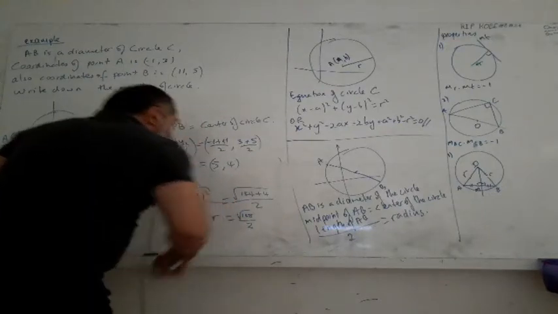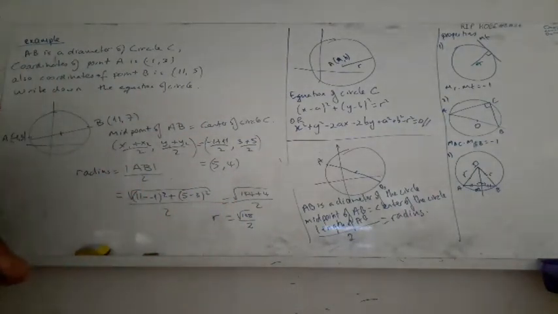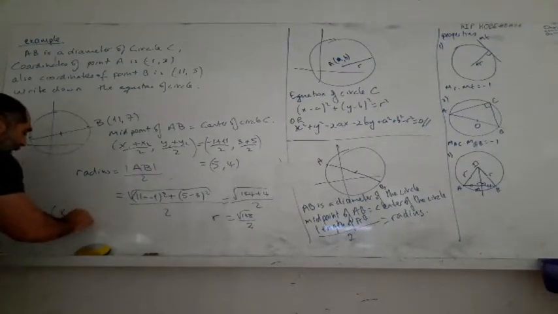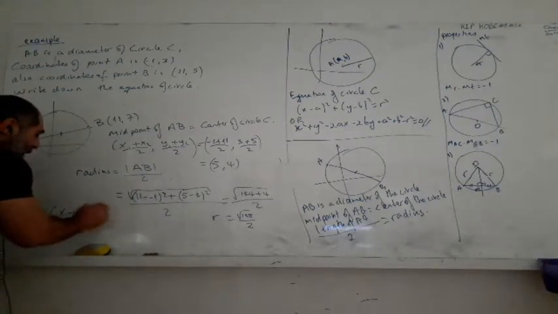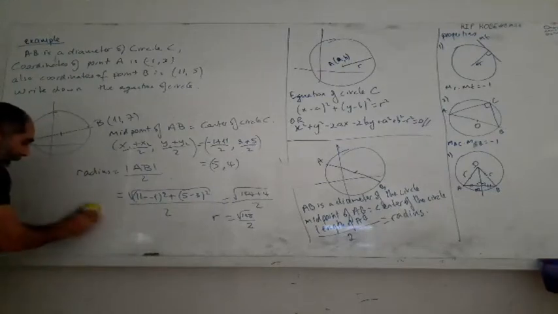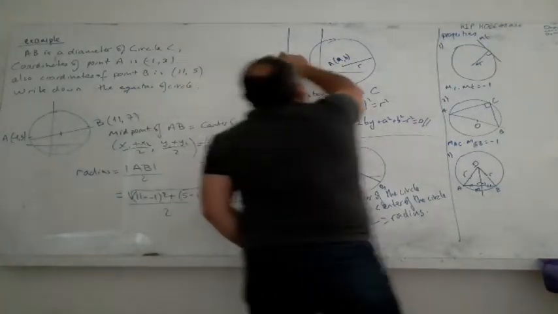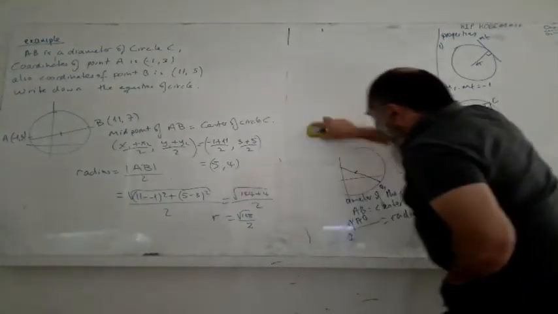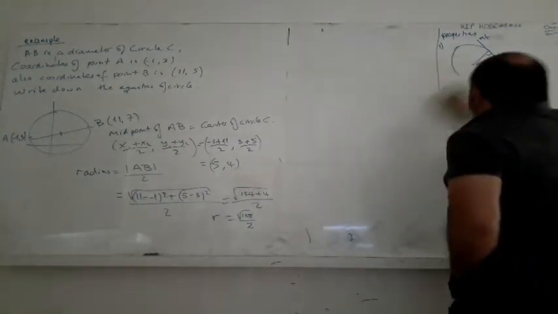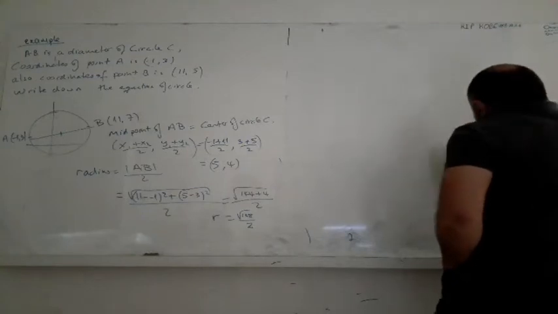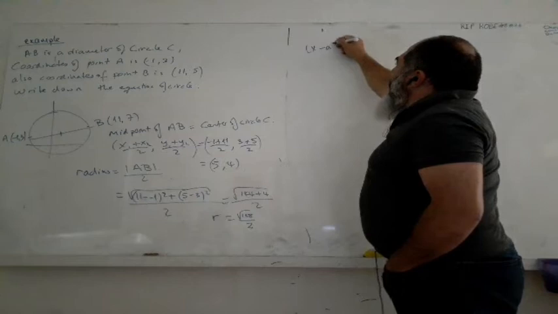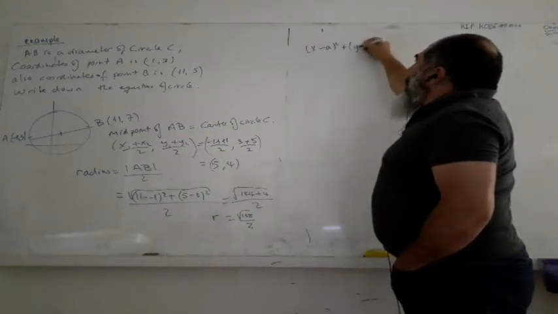So what is the equation of the circle? The equation of the circle is always (x minus a) squared plus (y minus b) squared is equal to r squared.